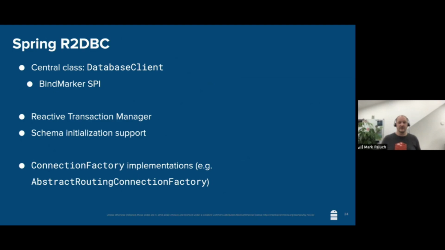One way of doing it is by routing connections to different databases or to different schemas. So Spring Framework ships with an abstract routing connection factory that has access to Project Reactor's context. And you can route different connection creation calls to different backing drivers.